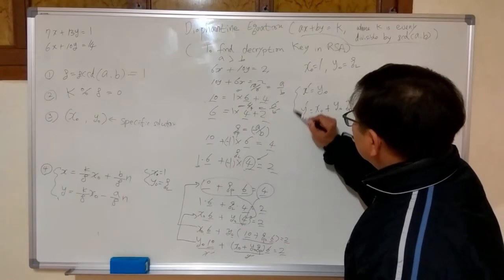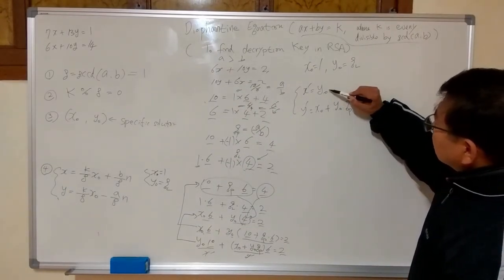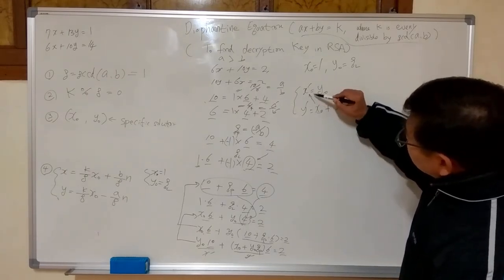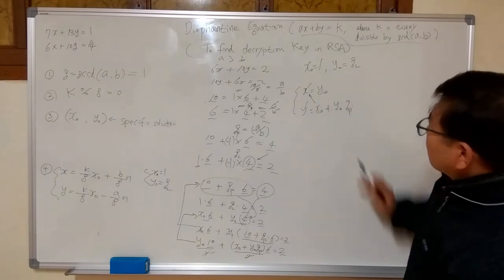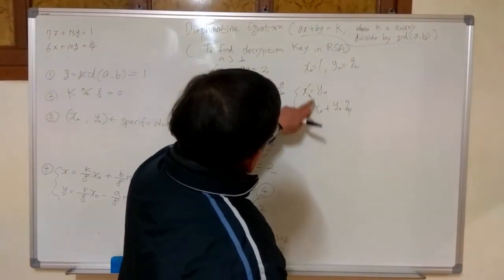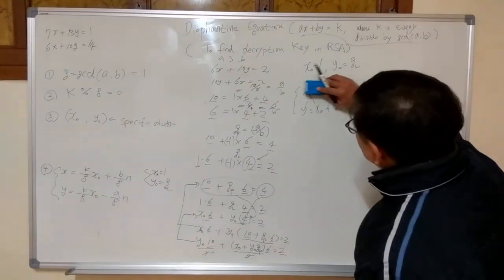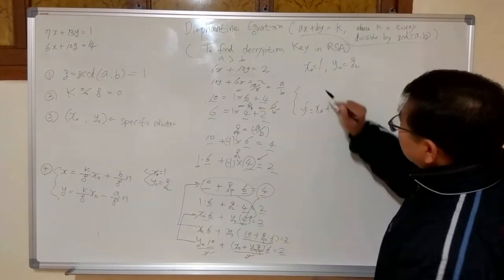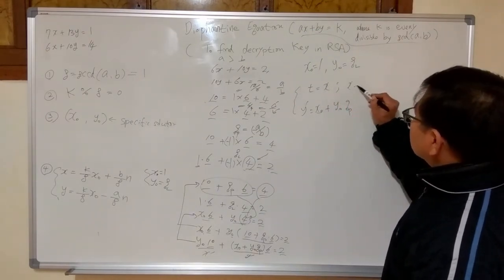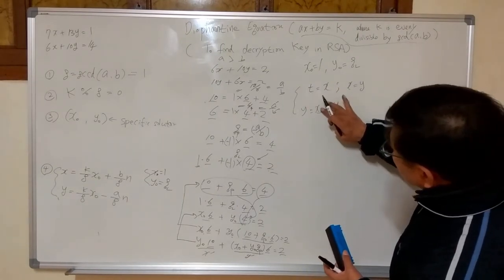Here this y naught is actually the previous one, and this x naught means the previous one. So if we let it like this, the value can be deleted. We use another step here: let t equals x, x equals y.